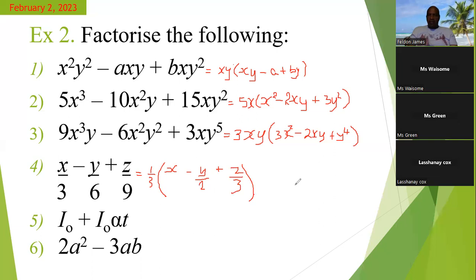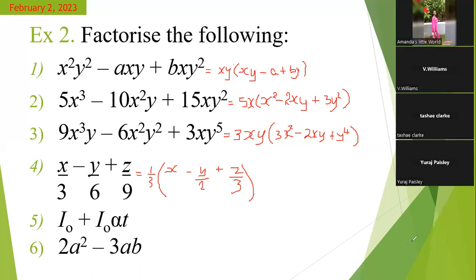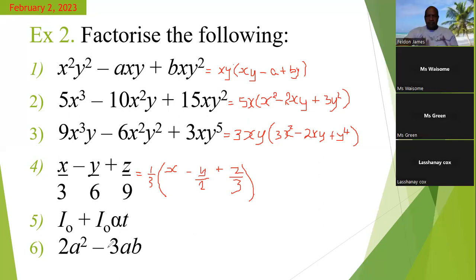Who would like to go next for the next expression? What about you now, Miss Green? Miss Green, are you there? Would you like to? No, sir. All right, Mr. Giovanni, would you like to do the next question for us? That's question 5.